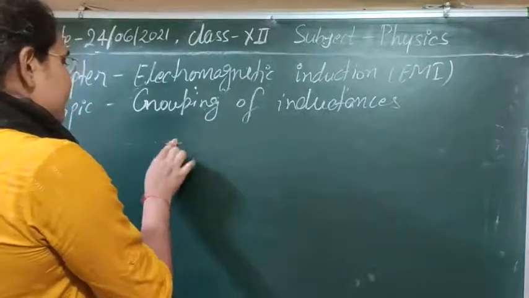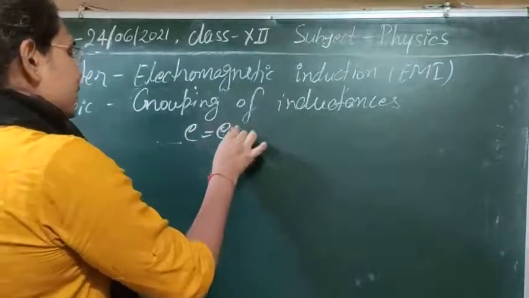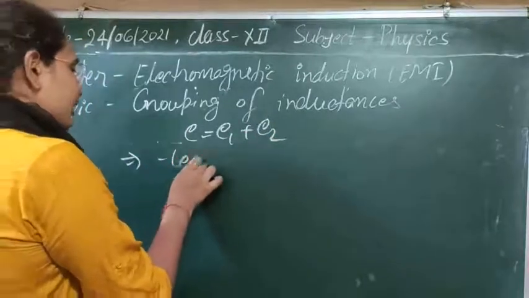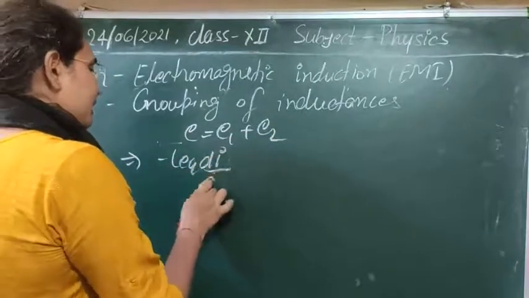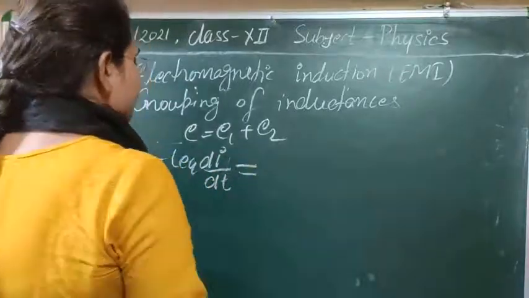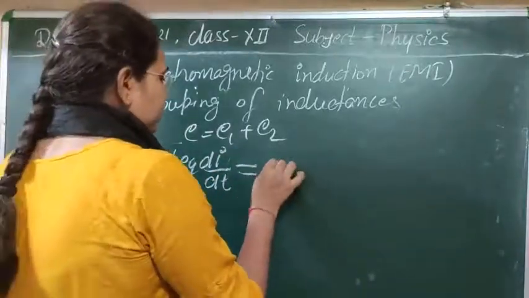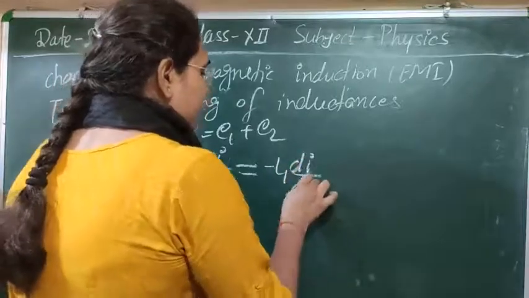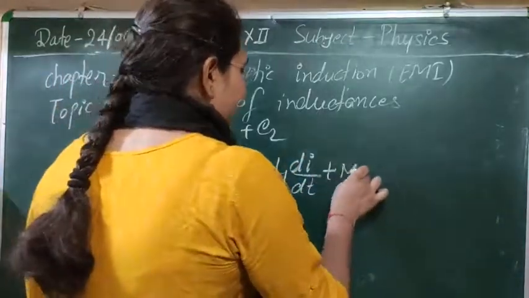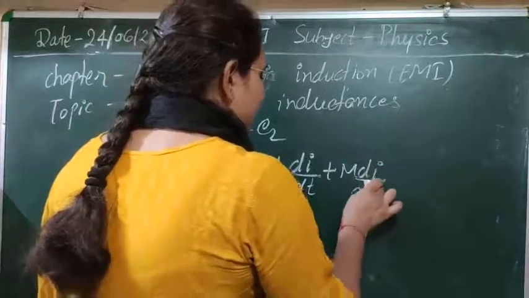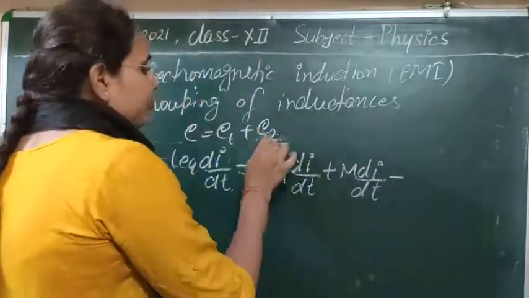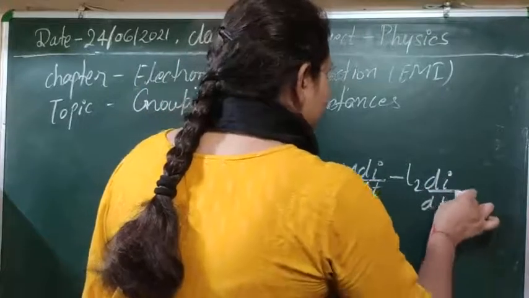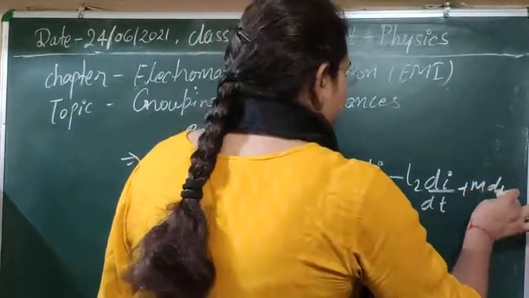So here E is equal to E1 plus E2, and we have just obtained minus L equivalent di by dt, that is equal to minus L1 di by dt plus M di by dt for E1. Similarly, for this one we can write minus L2 di by dt plus M di by dt.